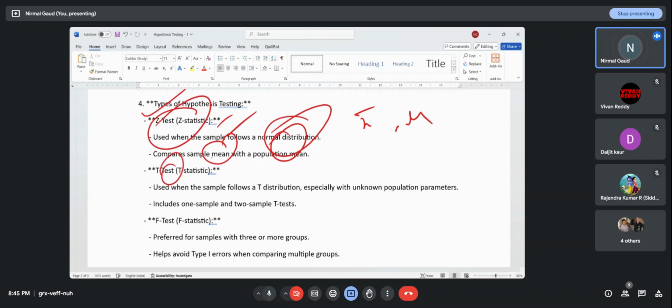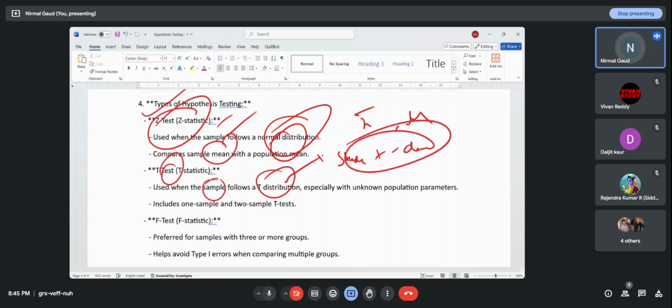In the t test, we consider a sample which follows the t distribution. So t distribution means student t distribution. You very well know that it looks like normal, but there is a slight difference. Okay, but this is the student t distribution. So when you have a small sample of data, and I already told you that, you are more likely to have a student t distribution, which has thick tails.